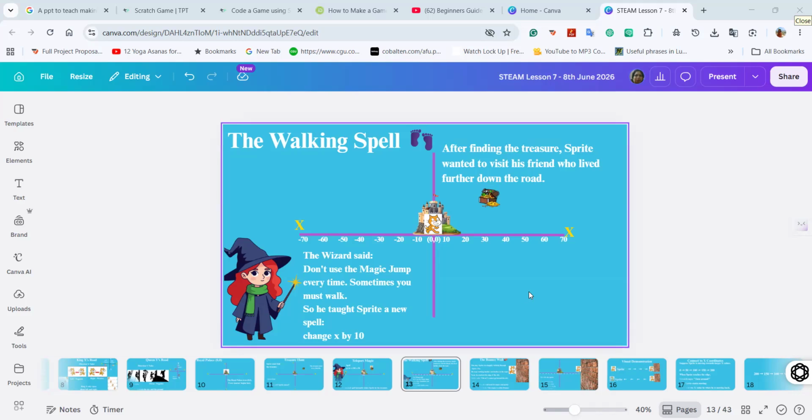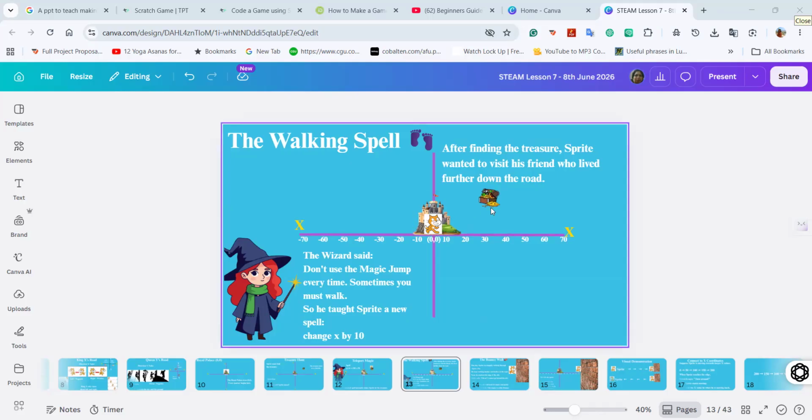Okay, now we move on. Do you remember that the sprite cat was in the kingdom and it was walking and walking, and then it found a treasure? You can see the treasure, and the treasure was at 100, 50. 100 was the x coordinate and 50 was the y coordinate.